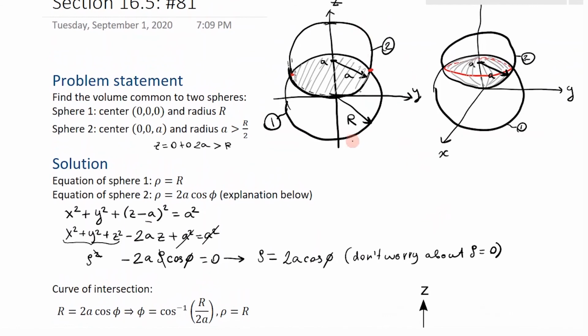Okay, so let me label everything. This sphere, well, this is the trace of it, and this is the 3D picture. This would be rho equals r, and this would be rho equals 2a cosine phi.